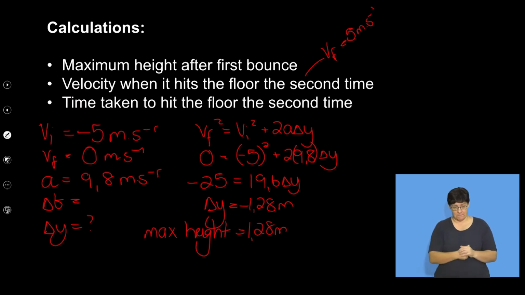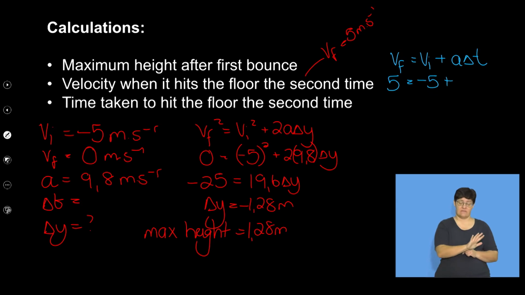Now we want the time taken to hit the floor for the second time. So we're just going to do it over here quickly, where we go Vf equals Vi plus a delta t. My Vf is 5. My Vi was minus 5. a is 9.8. This becomes 10.